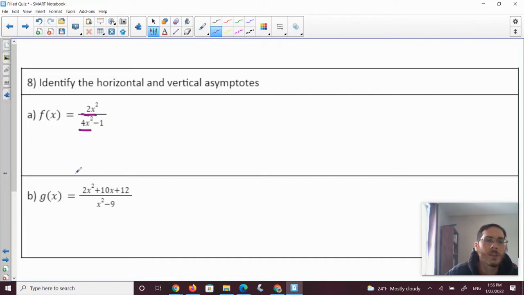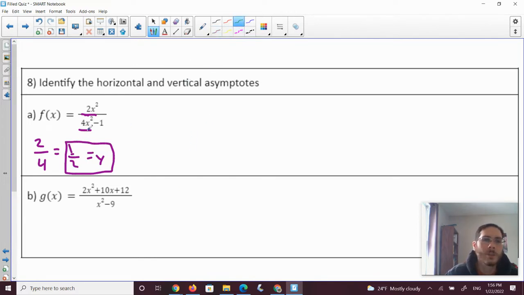So in this case, we've got 2x squared and 4x squared, so the leading coefficients are going to be 2 and 4. If we simplify that, we get 1/2. And we want to remember that that is going to be the horizontal asymptote. So our horizontal asymptote, we always want to write as the y. So y equals 1/2.